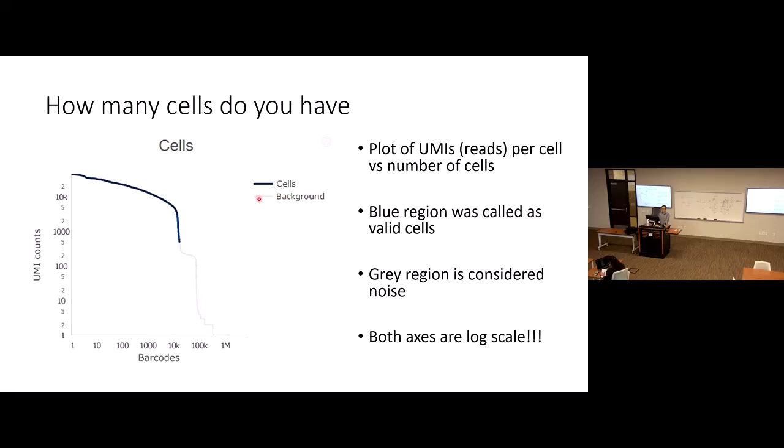When you see this gray region, that's where, by default, Cell Ranger will consider droplets as not having cells, with UMI count below a certain cutoff. Even though there is barcode information in those droplets, there is not much UMI information, so you don't have gene information, so they will be considered as background, as empty droplets.